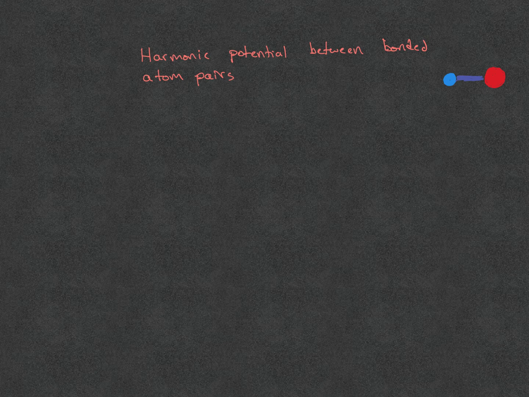And again, as I mentioned before, this could be an oxygen atom and an H atom, a carbon atom and an oxygen atom, an H atom and an F atom, many different atoms. It could actually be more complicated molecules too, and you could think about all of the different bonded pairs in a polyatomic molecule and still use the same harmonic potential.